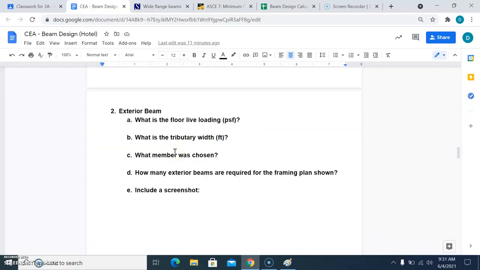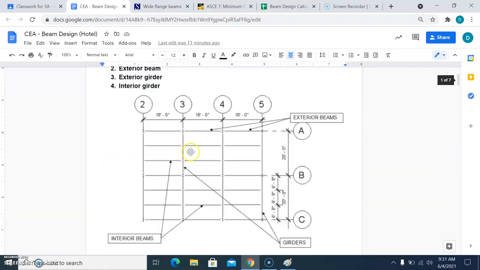Alright, now we're gonna do the exterior. So what's the difference between an interior and the exterior? Well, it's gonna be the same floor loading, right? The only thing that's going to be different is the tributary width. And we should look at this and say, well, the exterior beam has nothing below it where the interiors did. So the exterior beams are actually going to have half, typically, not always, but typically it's going to be half the tributary width of an interior beam.